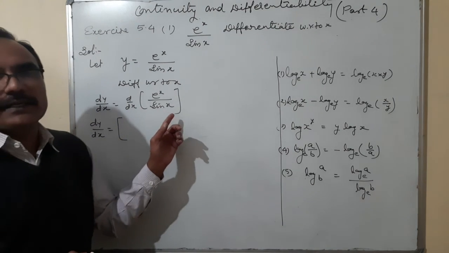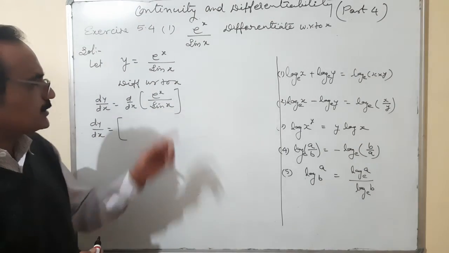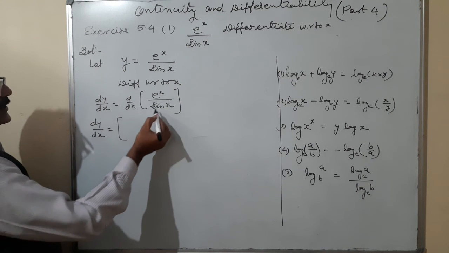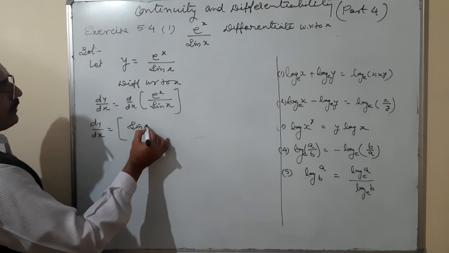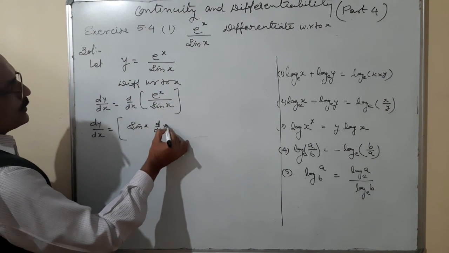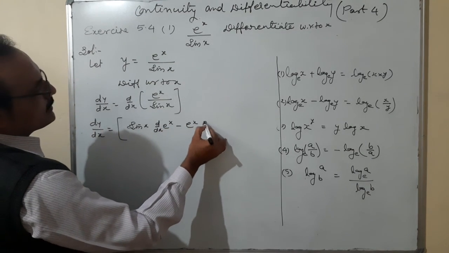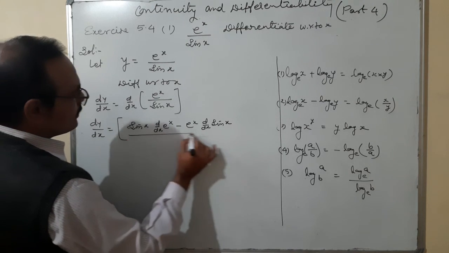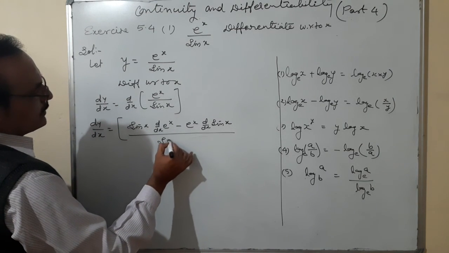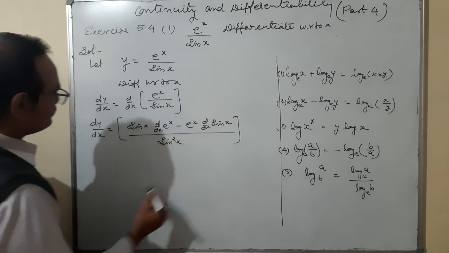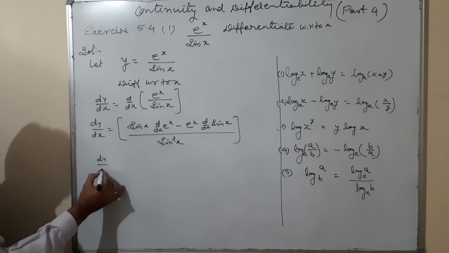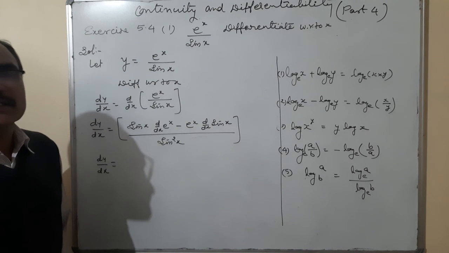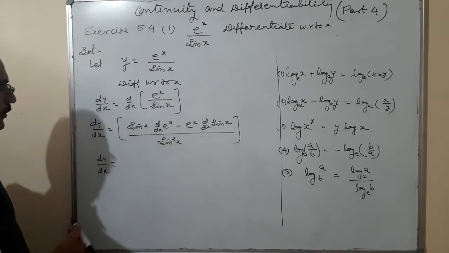There are two functions, and we are using the quotient rule here because numerator and denominator both have the variable. The rule says: denominator sine x times differentiation of numerator, minus numerator times differentiation of denominator, upon denominator square, sine square x. The differentiation of e to the power x is e to the power x itself.